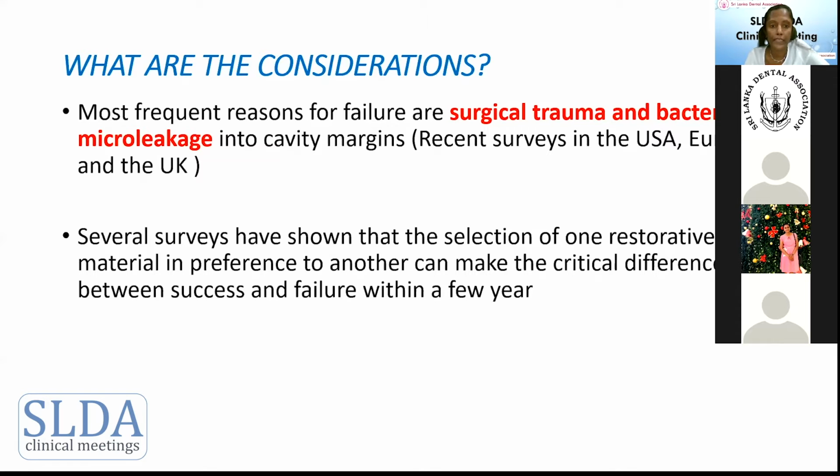Sometimes they place GIC for a few months. So it is not recommended. As soon as you do the pulp therapy procedure, it is always better to place a good composite restoration over the exposed treated pulp tissue, to prevent microleakage and to enhance the healing of the treated pulp tissue.